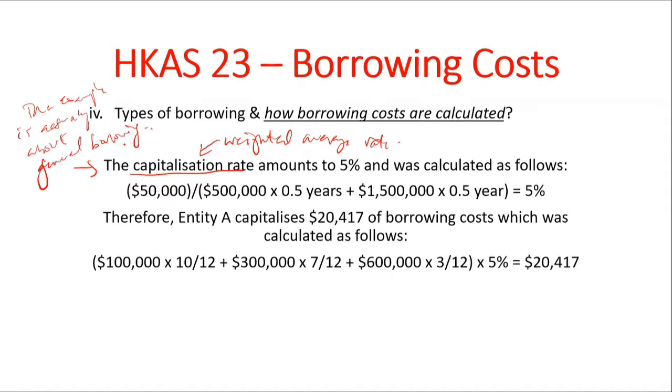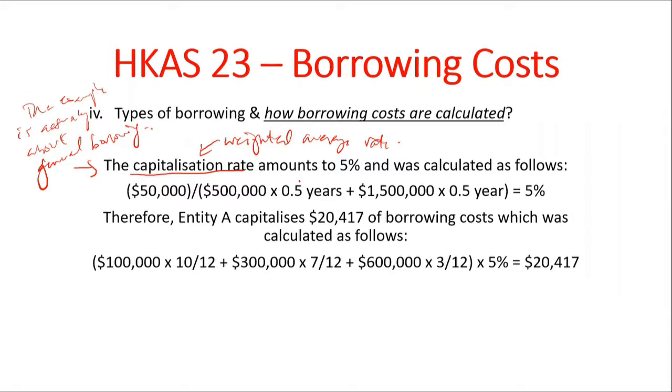As I said, specific borrowing is when you can have a direct relationship. The fund is specifically borrowed for constructing or building the qualifying asset, right? Whereas the example that we are looking at right now is a general borrowing example.